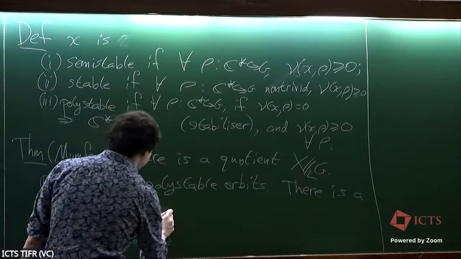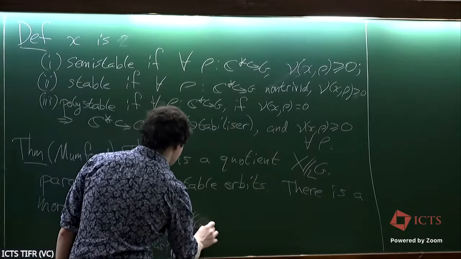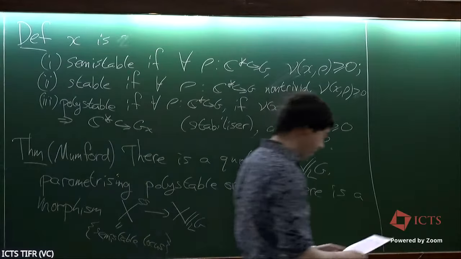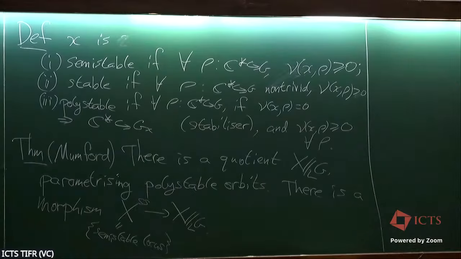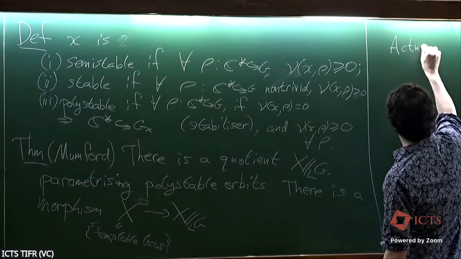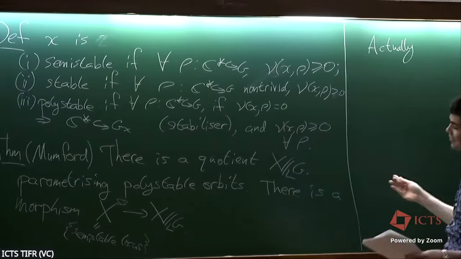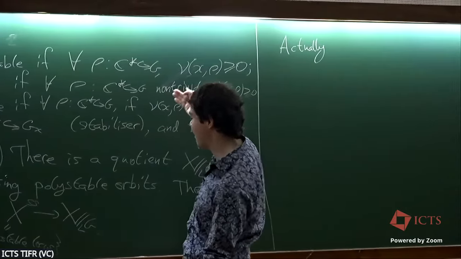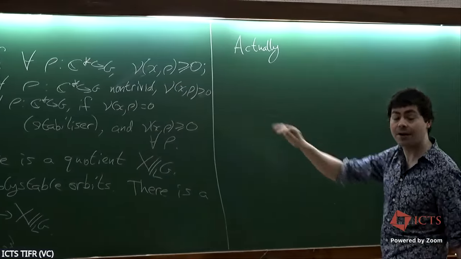We get a morphism down to the quotient. So semi-stable is exactly the locus where we actually get a morphism down to the quotient. In fact, it's not so hard to produce this quotient. The content is showing that the quotient, as I'll momentarily tell you how it looks like, actually agrees with the one characterized by this.